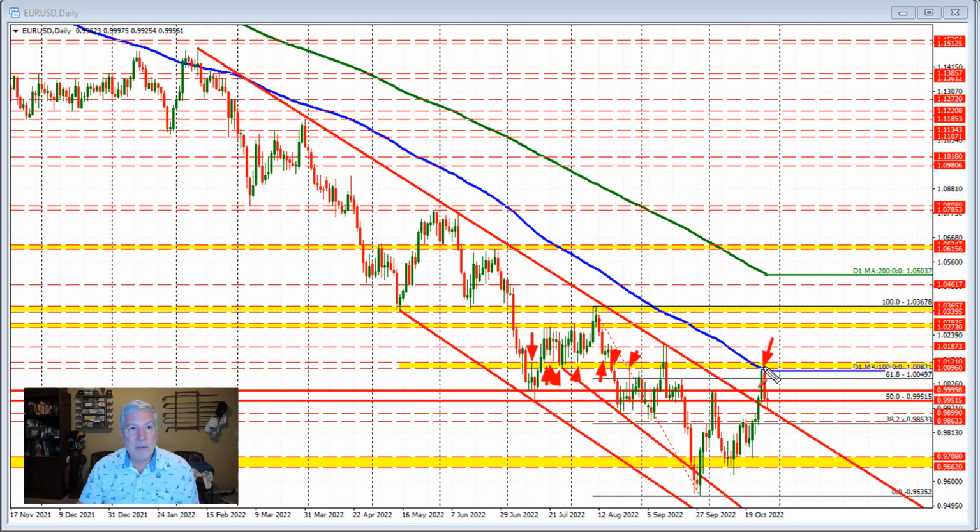And then this week we saw the sellers come in against the low of that swing area as well. So not only was the 100-day moving average in play, but also this swing area that kept the lid on the pair, and the price started to rotate back to the downside. Remember I was talking about that old trend line?